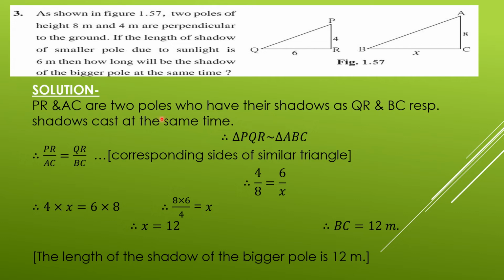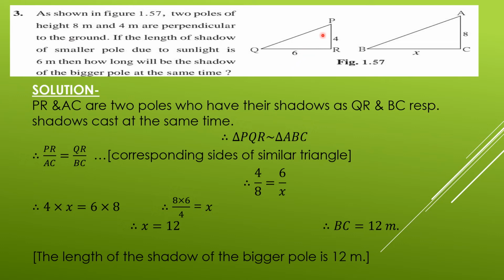Now PR and AC are the two poles who have their shadows as QR and BC respectively. Both these shadows are cast at the same time. Therefore, their lengths are in proportion.